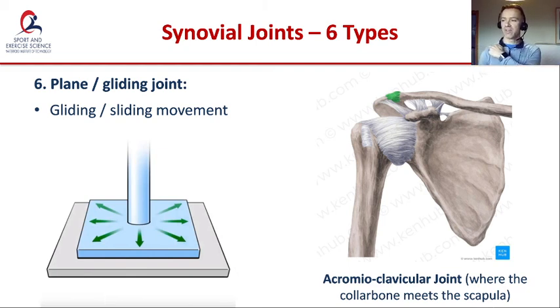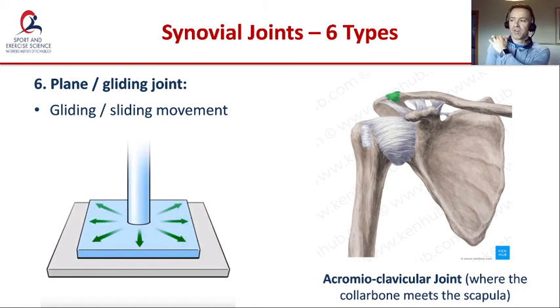If you put your finger onto your collarbone and walk it out laterally, you'll feel a kind of bony lump at the lateral end of your clavicle, and that is where your acromion process is. That's the bony lump on the end of your scapula that we feel there.